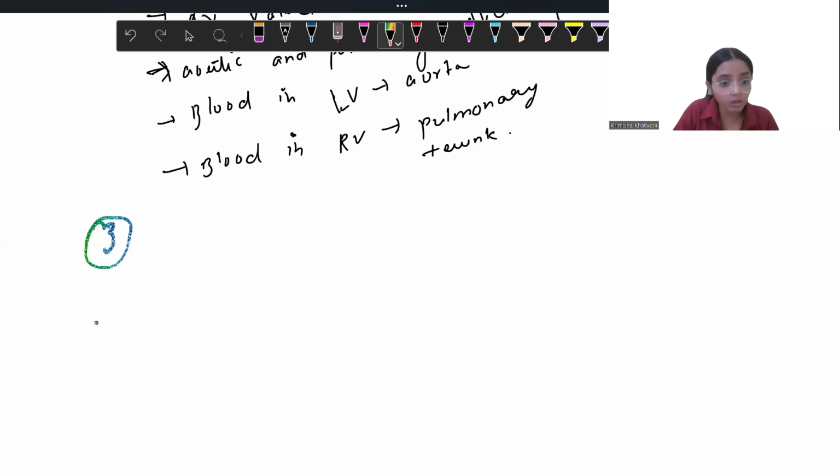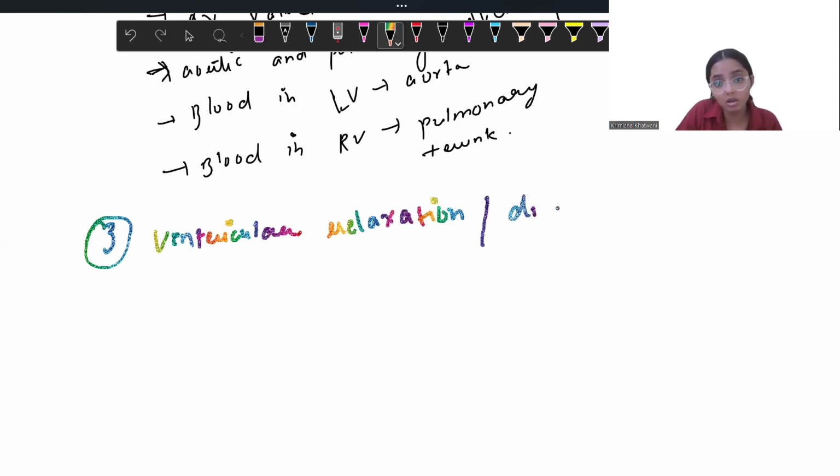Now moving on to third phase of cardiac cycle, which is ventricular relaxation or diastole or ventricular relaxation or ventricular diastole or ventricular repolarization. Understood?